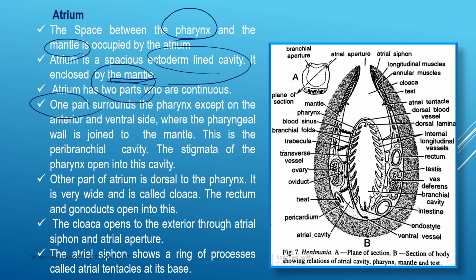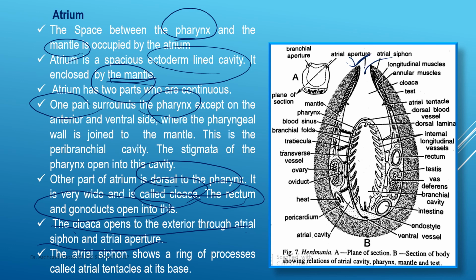One part surrounds the pharynx, and the other part of the atrium, which is dorsal to the pharynx, we call the cloaca. In the cloaca the rectum and gonoducts open. The cloaca opens to the exterior through the atrial siphon or atrial aperture.